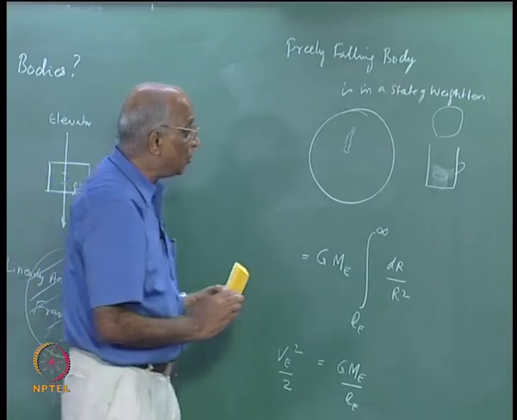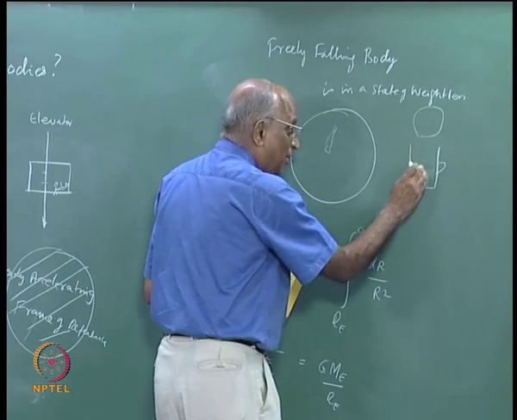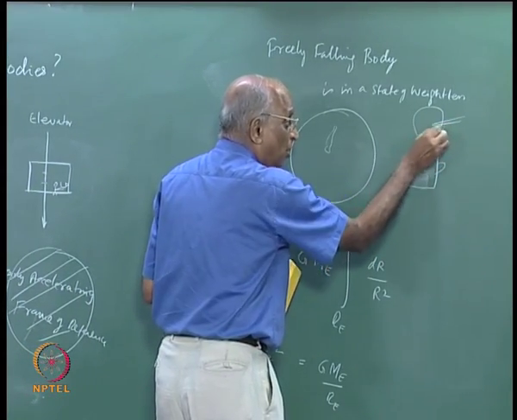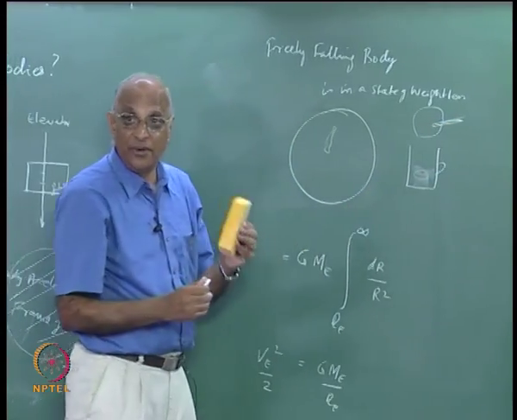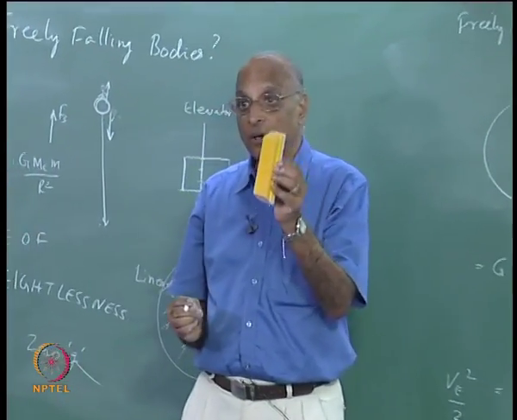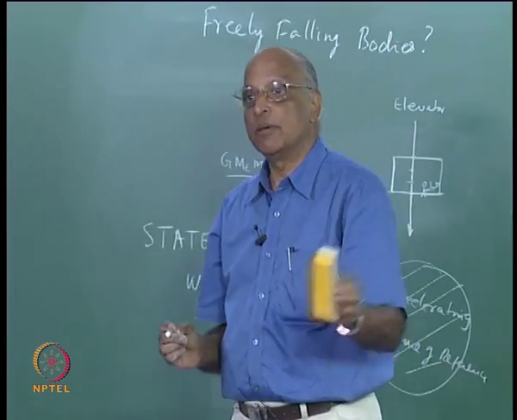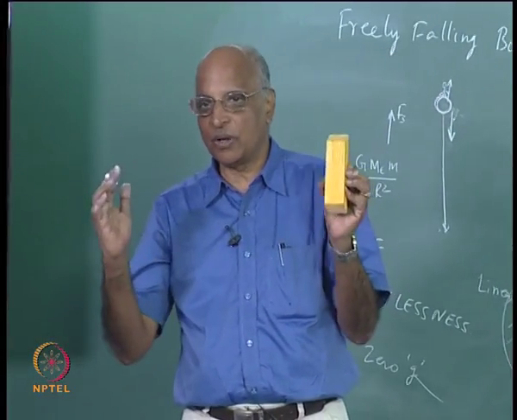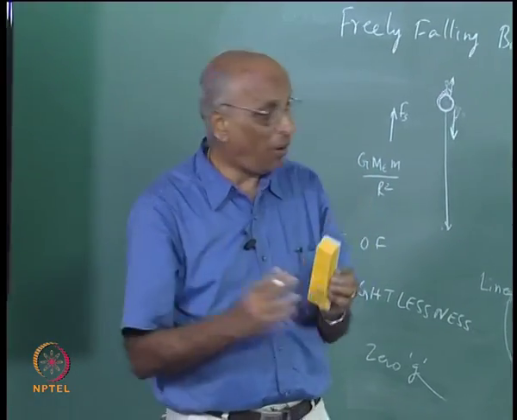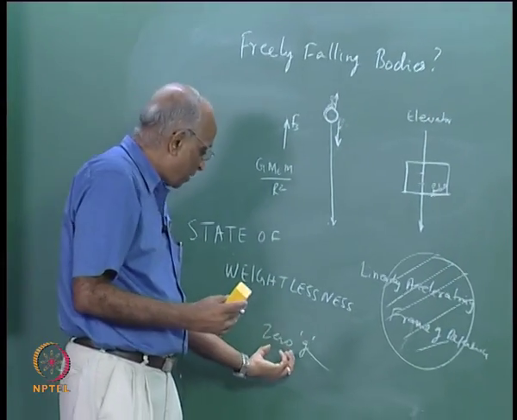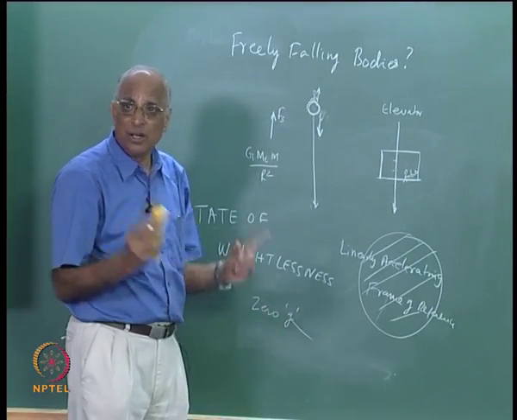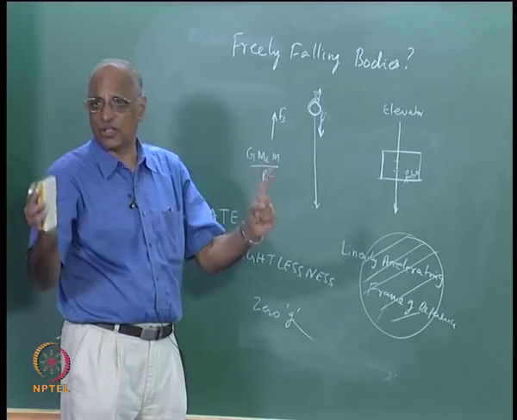Therefore one has to arrest it somewhere, maybe put a straw and suck it through. Even drinking a little bit of water in space when I am orbiting becomes a problem. This is what we call a state of weightlessness, and some people call it 0g, but let us not confuse, g is always there.